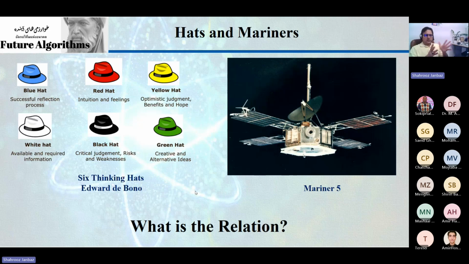On one side, we have Mariner 5, which was used for photographing deep space, and on the left, you can see hats with many colors. So what is the relation between colorful hats and Mariner 5?